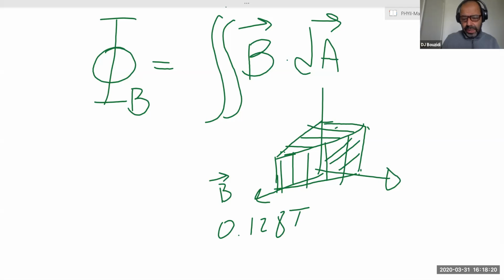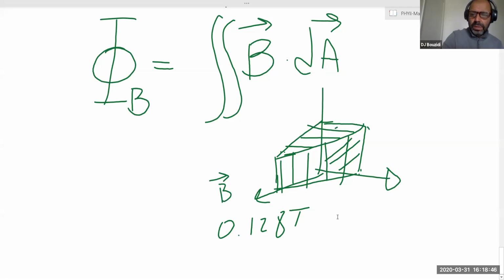That's the strength of the magnetic field, and it's in the positive z direction. And they gave you the areas. The areas are 30 by 30, and 40 and 50. Let me get these numbers in here. Centimeters, of course. Everything is in centimeters.